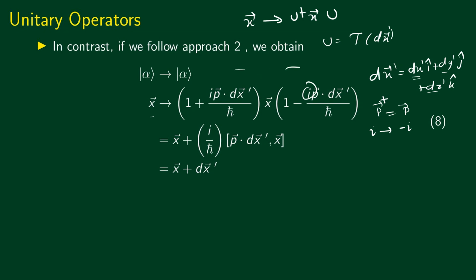Let's now carry out the multiplication. We see that the position operator goes to, we have to multiply this. Let's take the first term: the identity operator multiplied by the x operator multiplied by the identity operator. So it's just multiplying the x operator by identity operators on both sides, which gives you simply x vector.